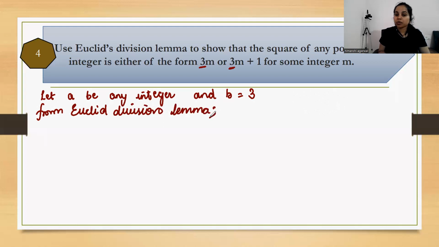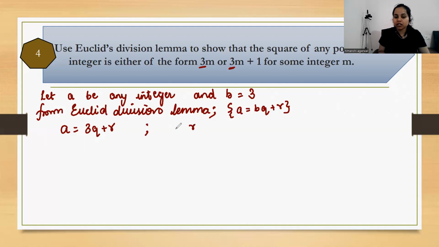what can you say? A will be given as 3q plus R, because Euclid division lemma says A equals BQ plus R. Now, what will be the value of R here?